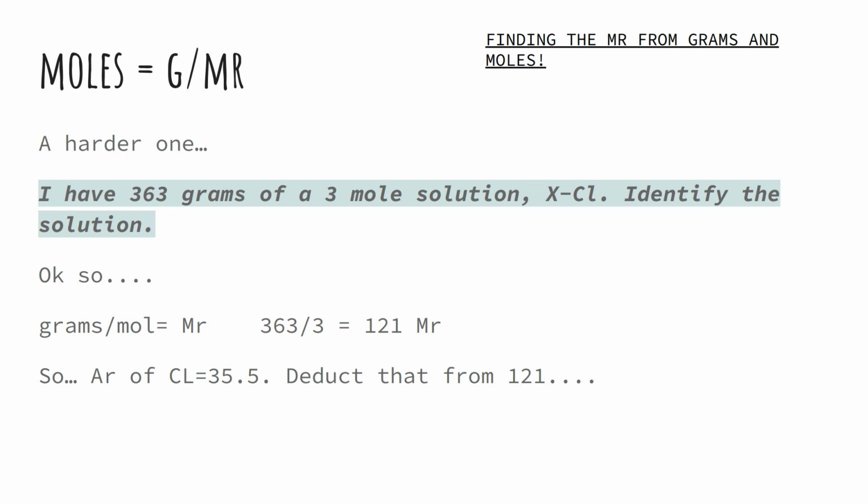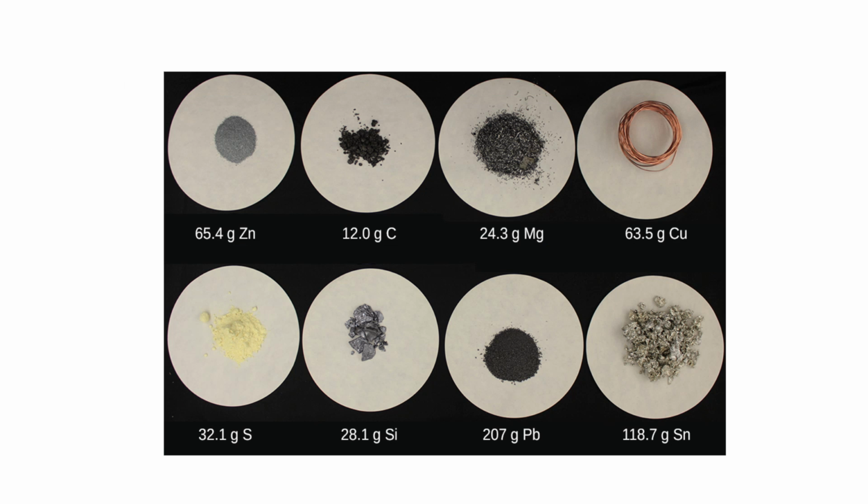Deduct that from 121, leaving 85.5, which is the AR, the relative atomic mass of what? Oh, rubidium.